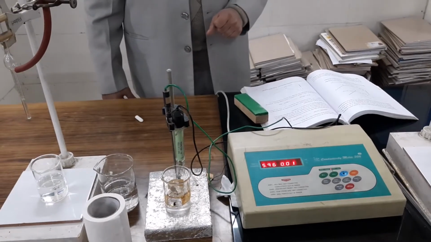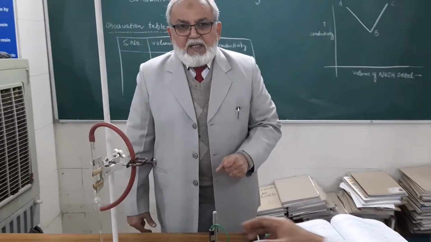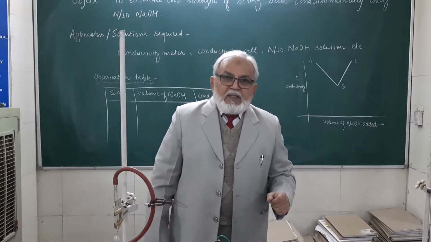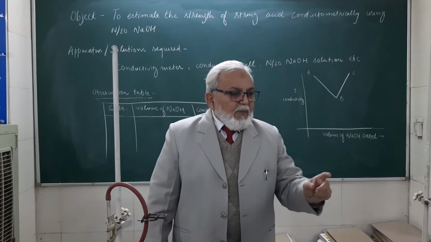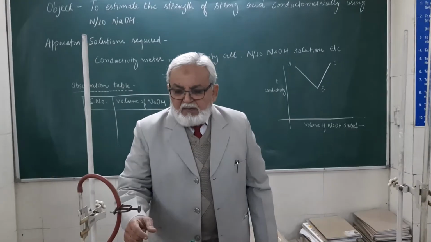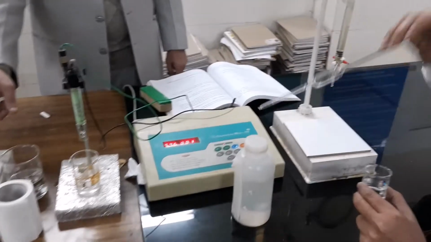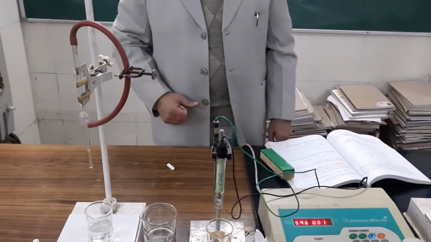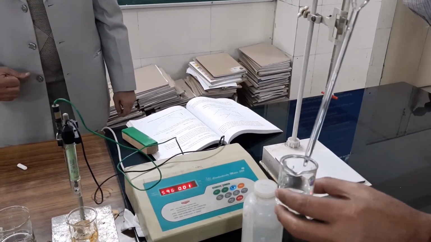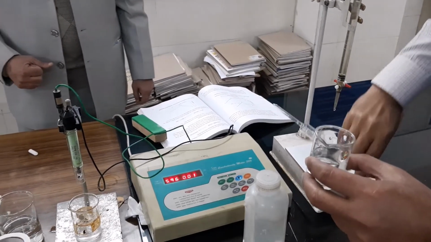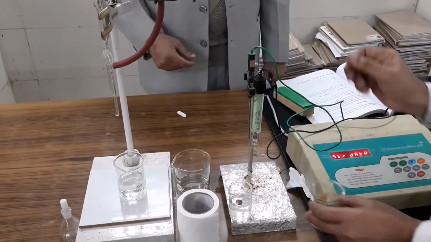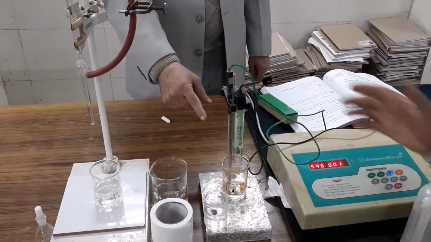To determine the concentration of unknown HCl by titrating it against N by 10 standard sodium hydroxide solution, firstly 25 ml of HCl solution will be measured into a 100 ml beaker, and that beaker will be kept under the conductivity cell.